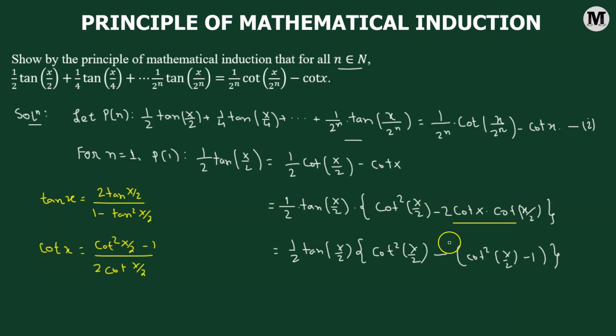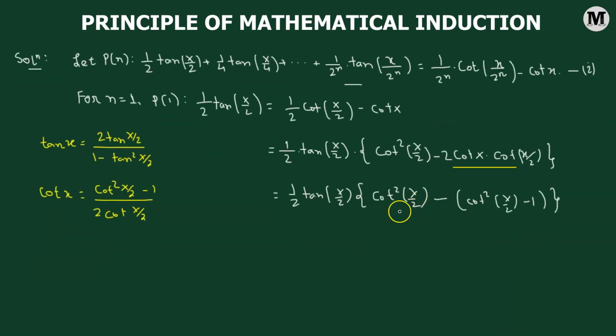Fine. So when we simplify, cotangent squared x over 2 gets cancelled out, and this leaves us with half tangent of x over 2. So here we have been successful in showing that the left hand side equals the right hand side. This simply means that the statement P of 1 is a true statement.